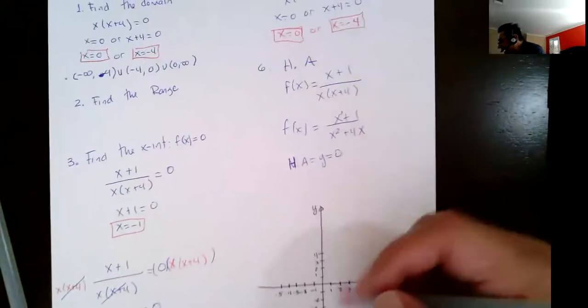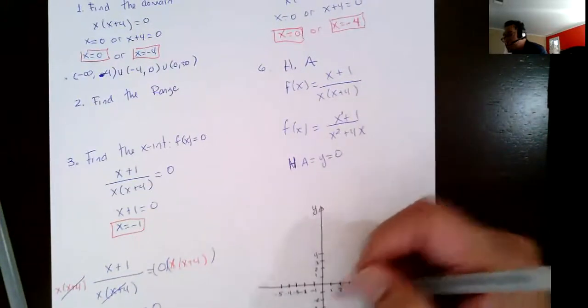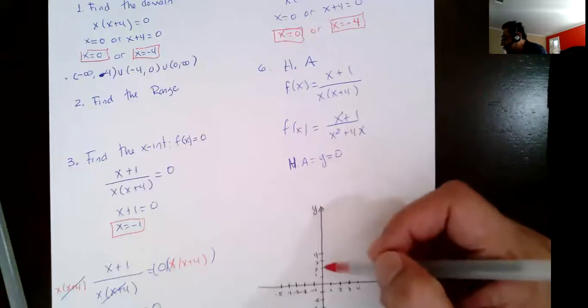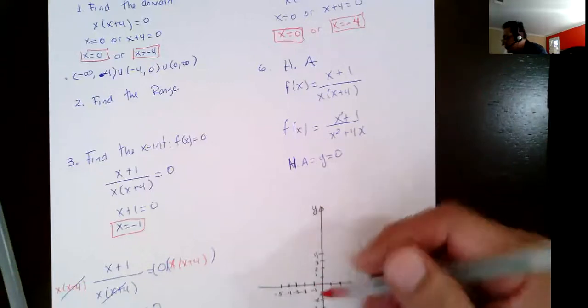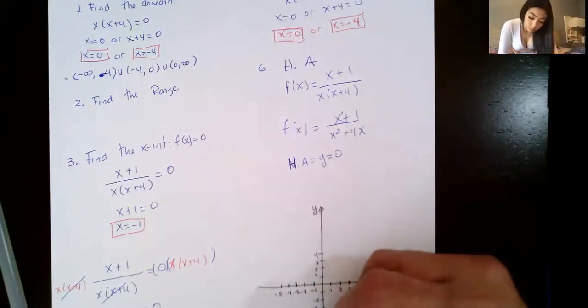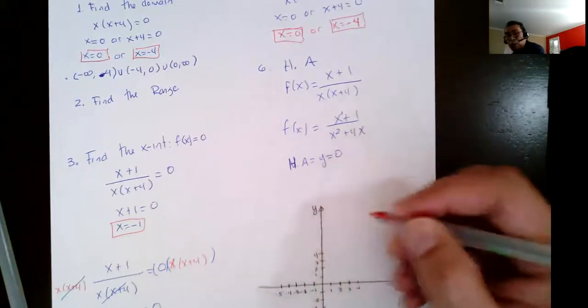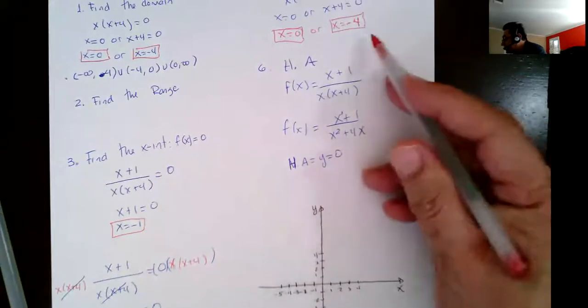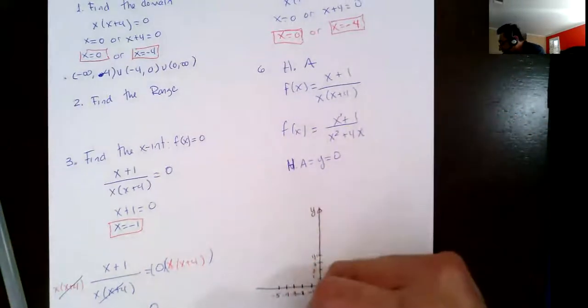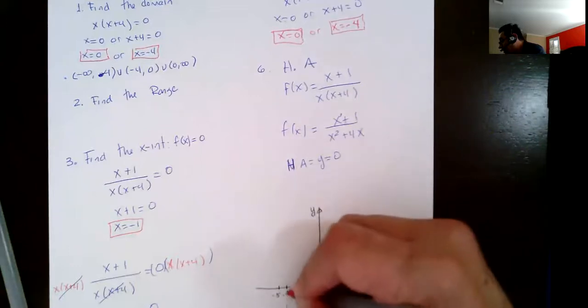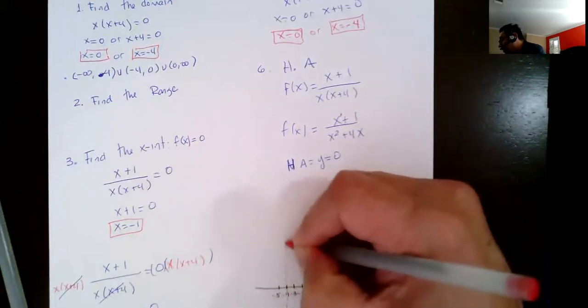Notice, what is x equals 0? Well, x equals 0, that would be the y-axis. Everybody agrees? So that would be the y-axis, okay? And x equals -4. At -4, draw another vertical asymptote.